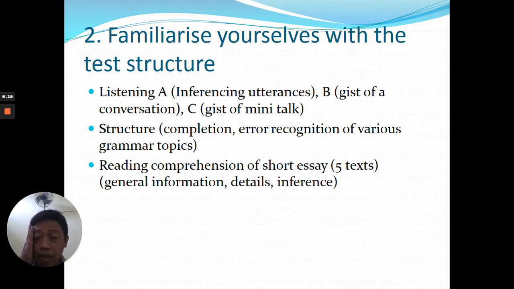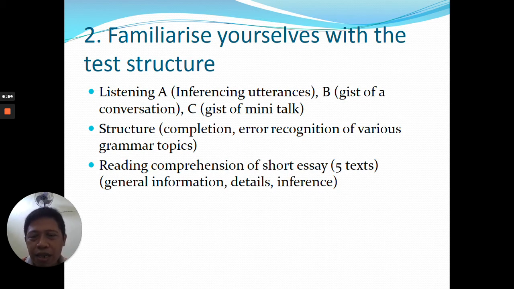The productive one, for speaking, for example, is not tested in this test, but the productive writing skill is represented in the passive form, when you do the structure section, containing completion and error recognition of various grammar topics.